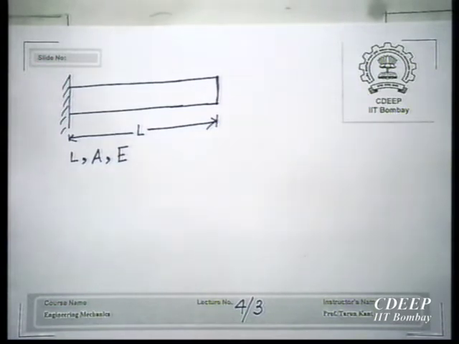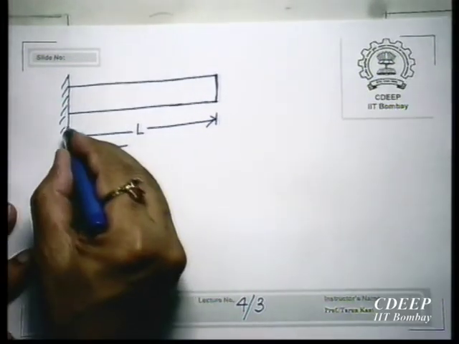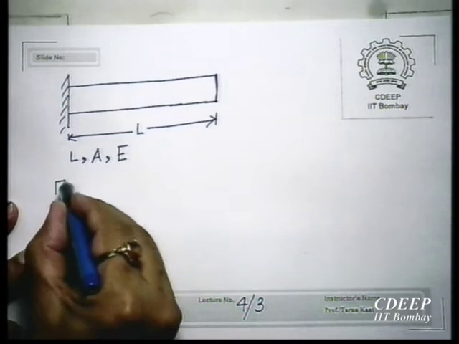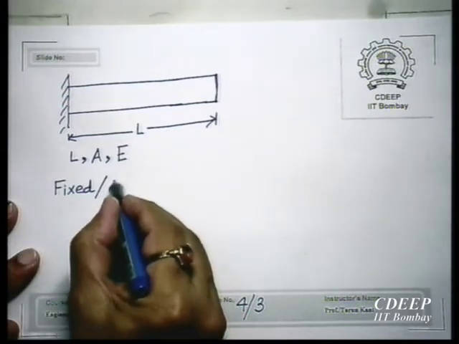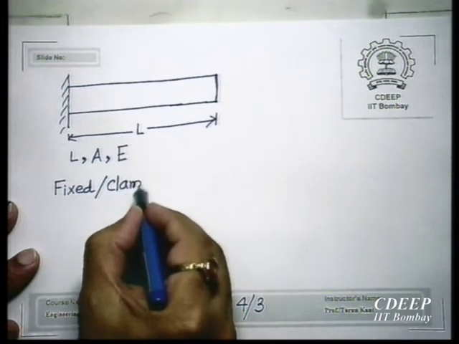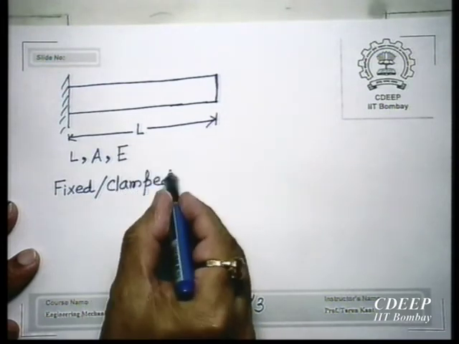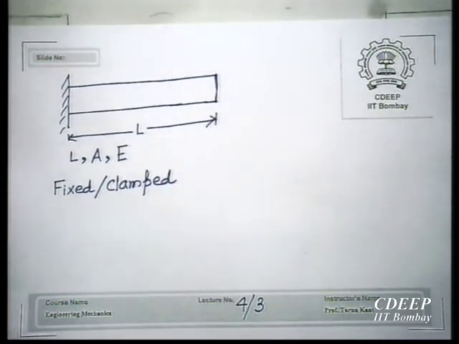How do you fix? There are various ways by which you can fix the end. So, this end is fixed. We use the word fixed, clamped. There is another phrase also. How do you enforce this clamping?